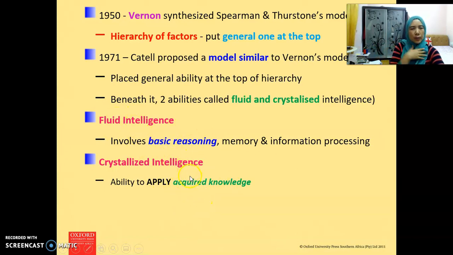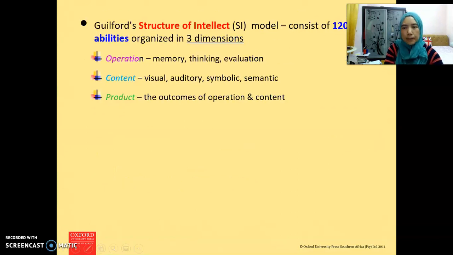Younger people don't have much acquired knowledge or experience, so they have low crystallized intelligence. So fluid intelligence is high among younger populations, and crystallized intelligence is found mostly among older populations.